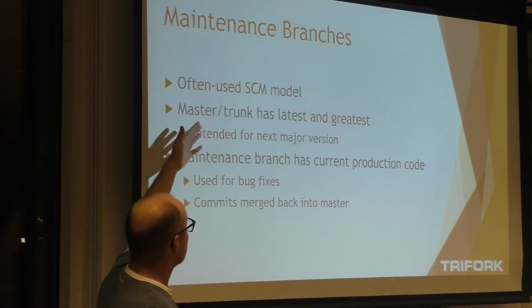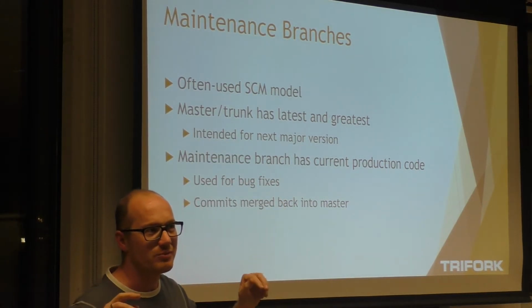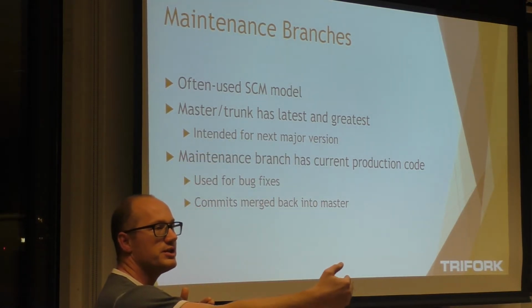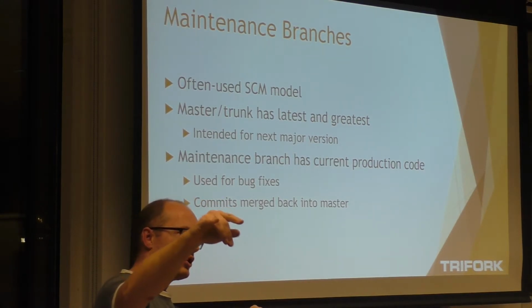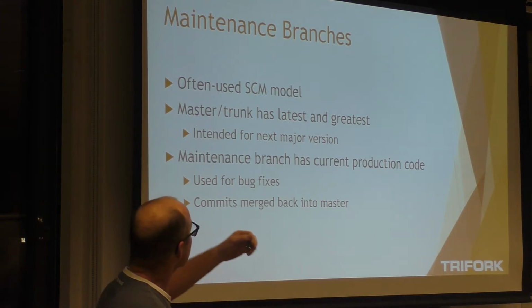This is a pattern that's used quite a lot. Typically, you will have a master, or you do trunk-based development, for those of you who still know what trunk is, where your next major release will be, and in the meantime, you have a maintenance branch where you just apply fixes on production so that you can roll them out without rolling out all of the new features that are not yet complete.